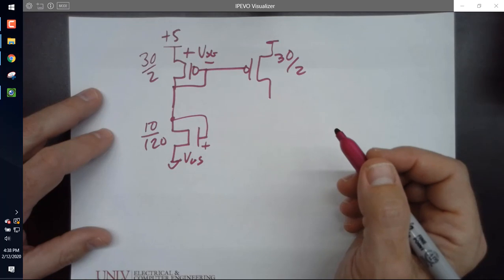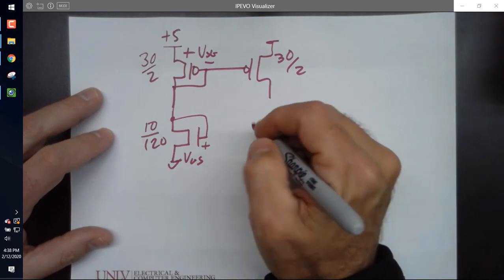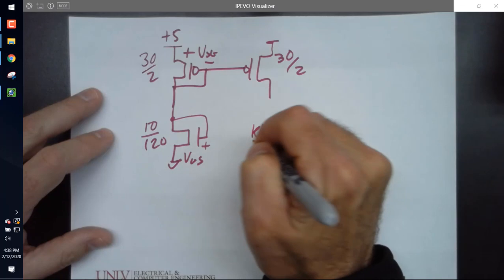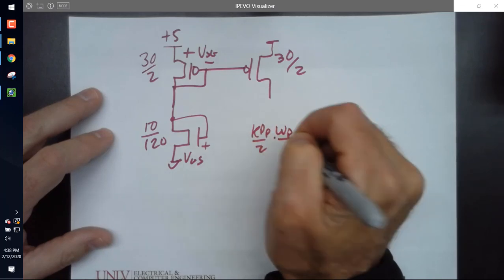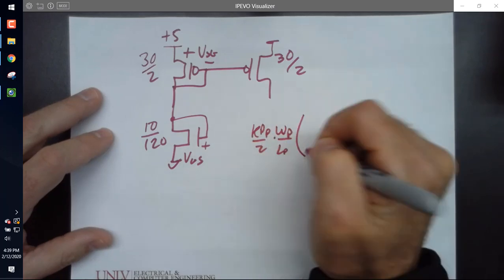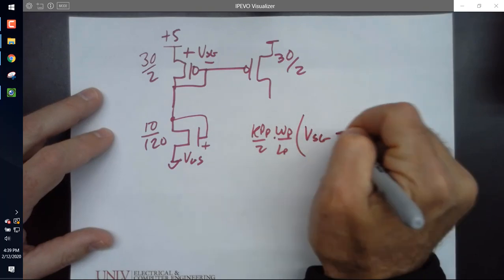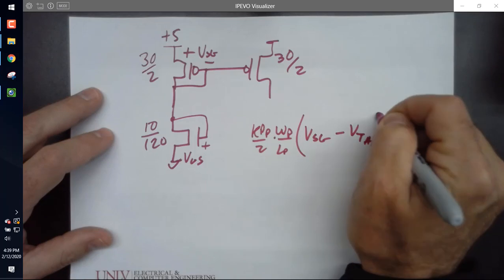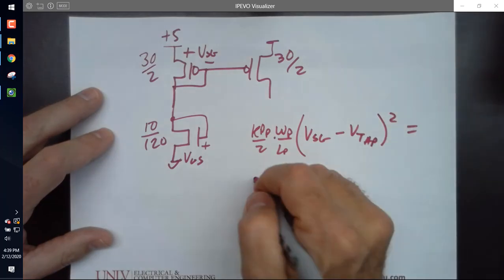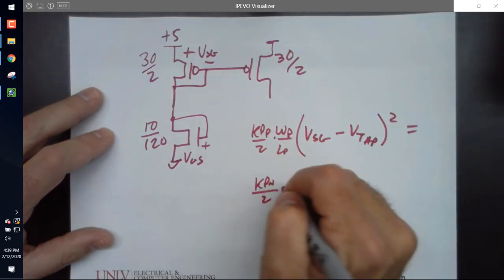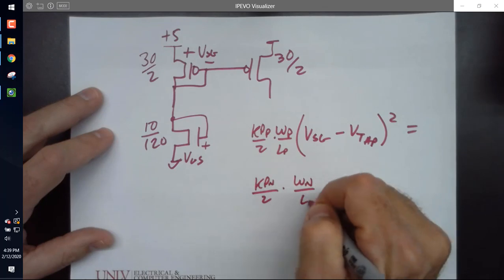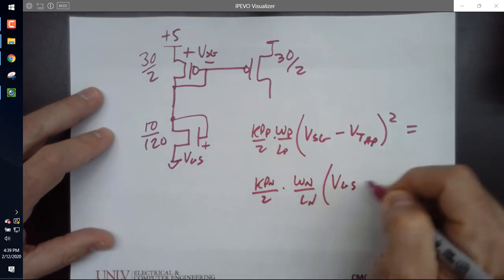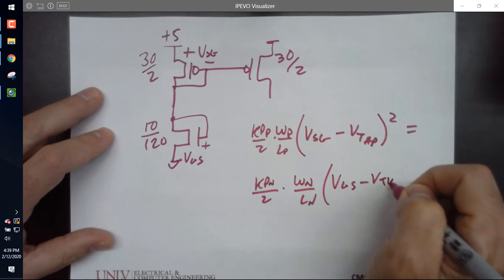All right, so let me just write what you just said. So Kp sub P over 2, Wp over Lp times Vsg minus, we'll put a number, we'll just leave it like this for now. And that's equal to Kp sub n over 2 times Wn over Ln times the VGS minus V threshold n squared.